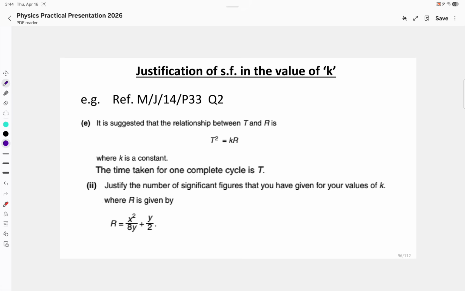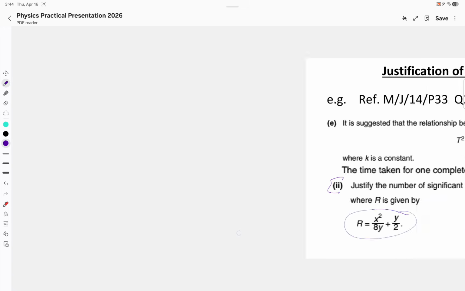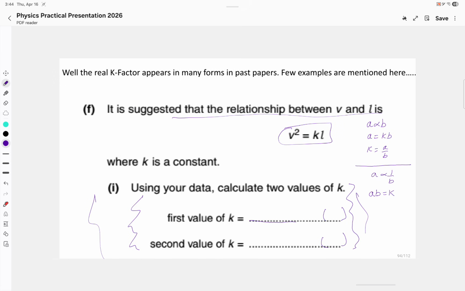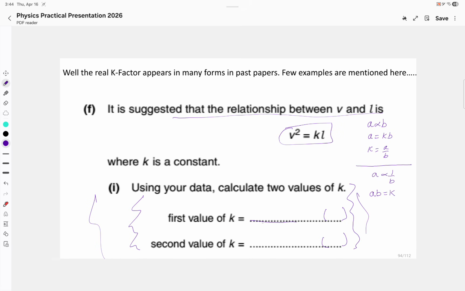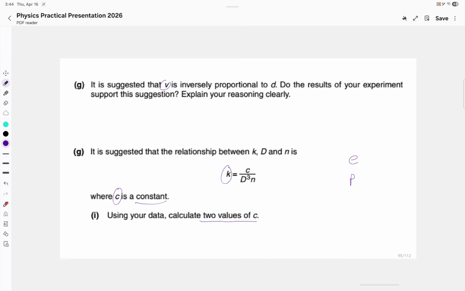First of all, there is a relationship between T and R where K is a constant, and they have also mentioned that R has a formula, and then they expect the two values of K. But additionally, they have asked you to tell how many significant figures you will put for the values of K. Again the constant C, again the constant K. You are about to write a value of K. No units, keep this in mind. Number one.